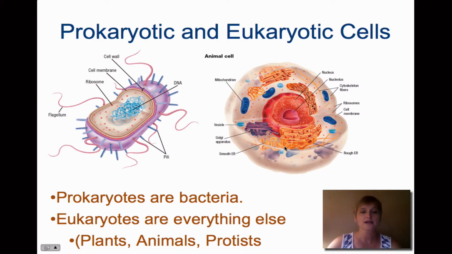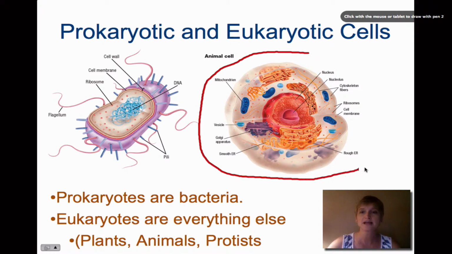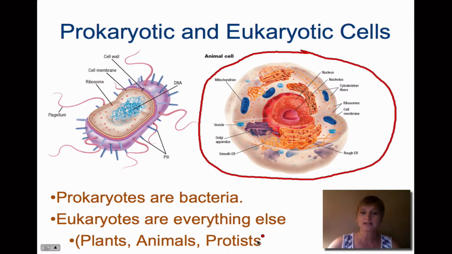And then we have the eukaryotic cells. This one happens to be an animal cell, but plants are eukaryotic cells, protists, single-celled organisms, animal cells, they're all eukaryotic. So in fact, if it's not a bacteria, it's a eukaryote cell.